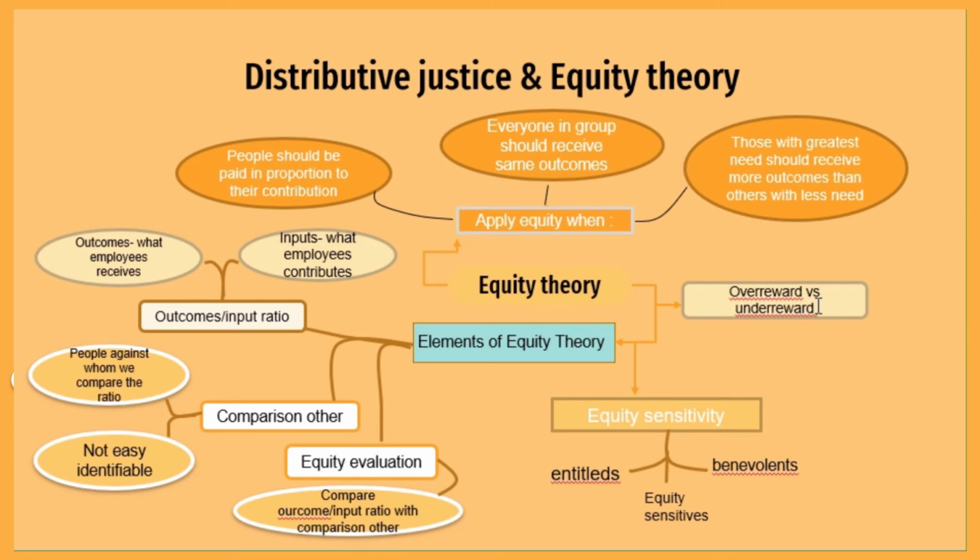Over-reward, known as positive inequity, occurs when the ratio of one's own input and outcomes is more favorable than the ratio of the comparison other. This causes a person to feel overcompensated. Okay, that's all for distributive justice and equity theory.